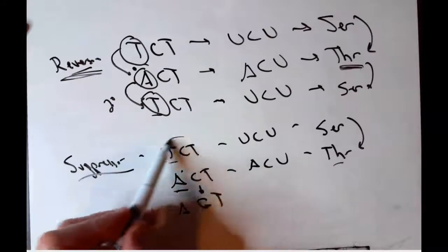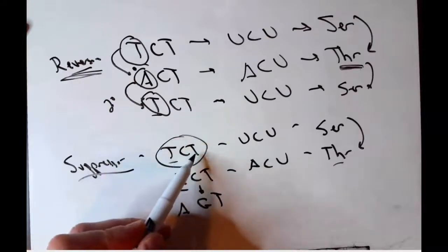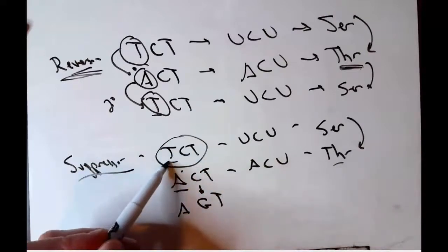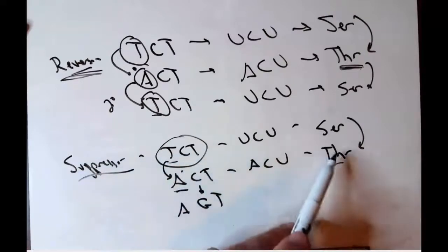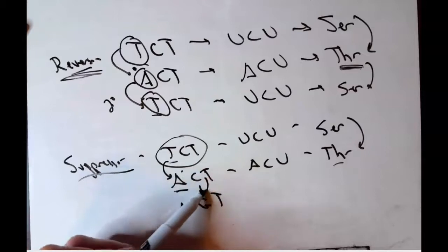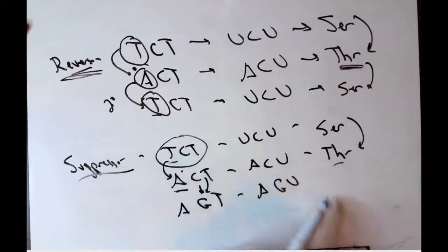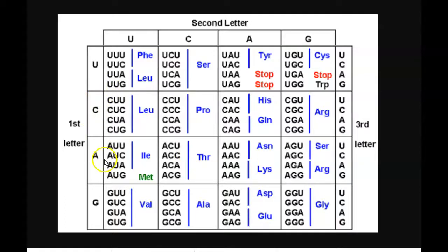So our initial codon was TCT, which transcribed to UCU. Then we had our first mutation where the T became an adenine, and that was our missense mutation. The secondary mutation alters the codon even more, which transcribes to AGU. The question becomes, what does AGU code for? Well, AGU codes for serine.